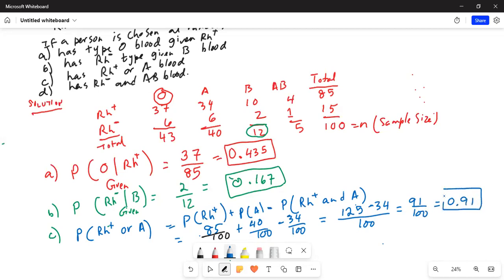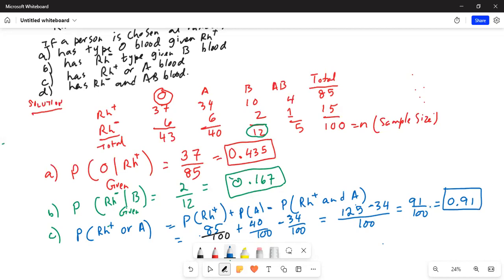So we use the general rule of addition of probability for Rh plus or A. The probability of Rh plus, probability of A, minus the probability of Rh plus and A. So Rh plus is 85 out of 100.